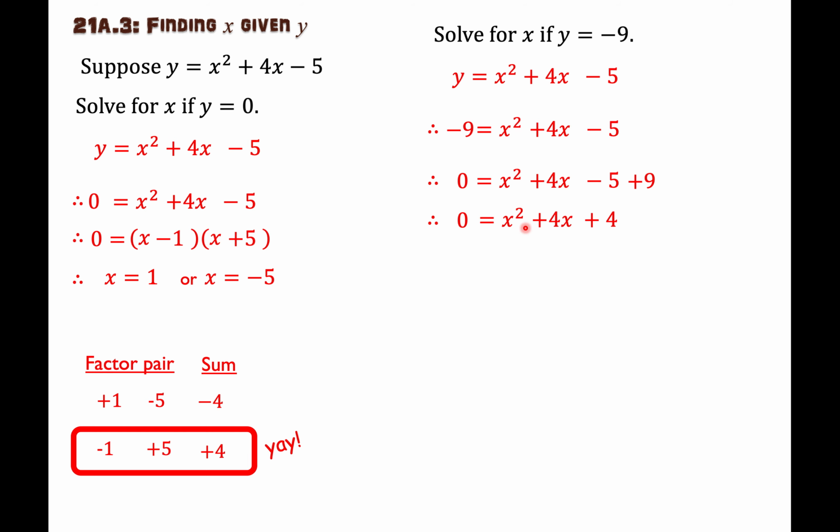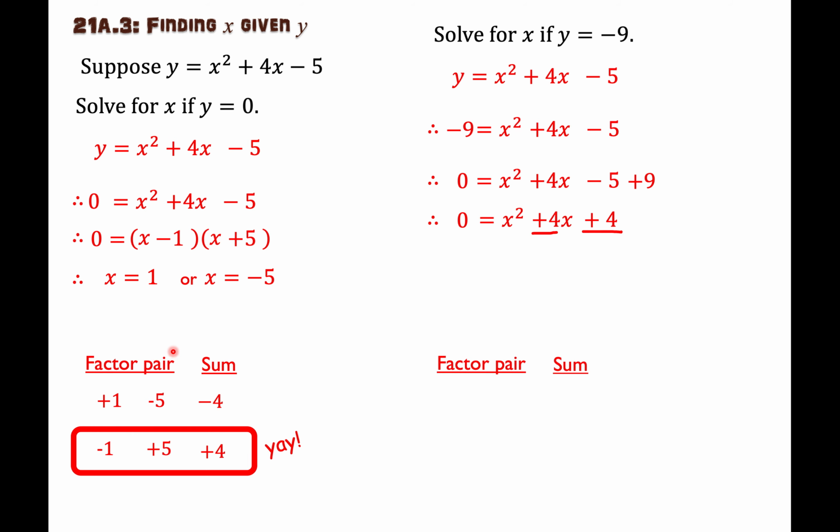Okay. Well, we're about to play the same game of finding our magical numbers that we can put in here. We're looking for two numbers that have a sum of +4, but also a product of +4. Now, you may be able to think of these numbers in your head, but I'll go through the process anyway.